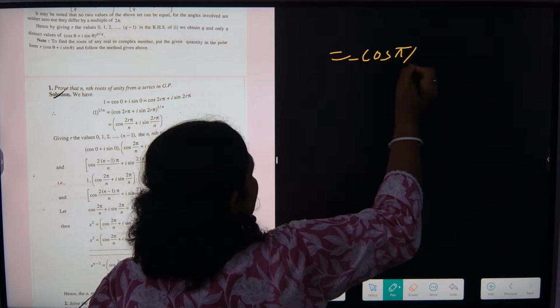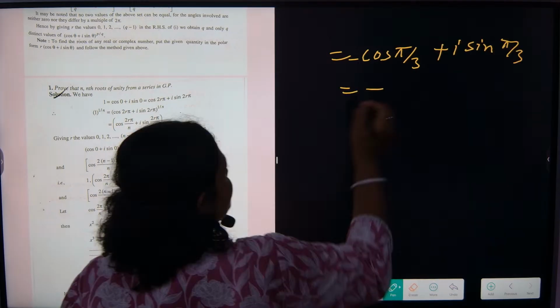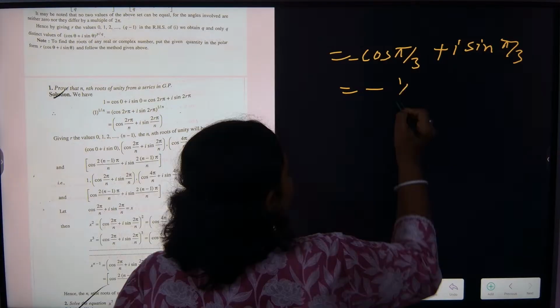Minus cos π/3 and plus iota sin π/3. It is minus half plus iota root 3 by 2. This one is another value.